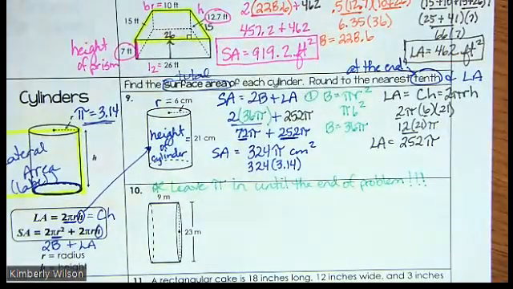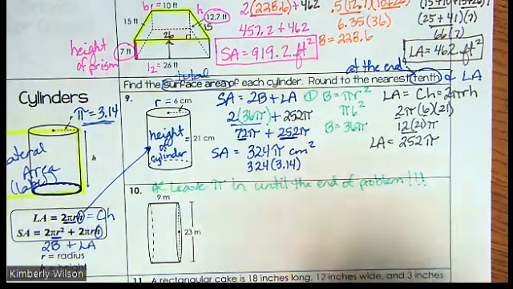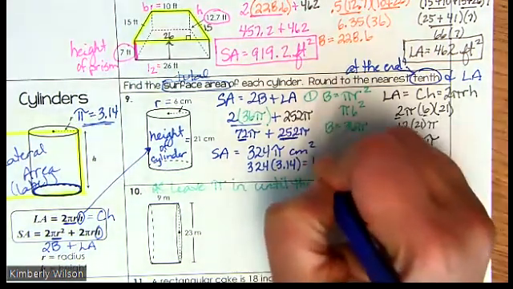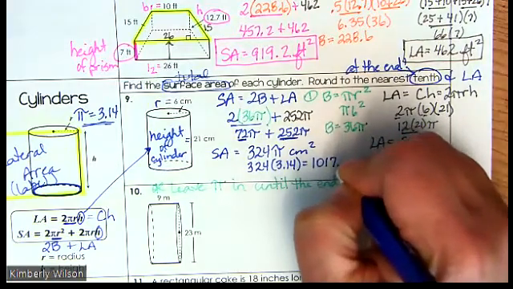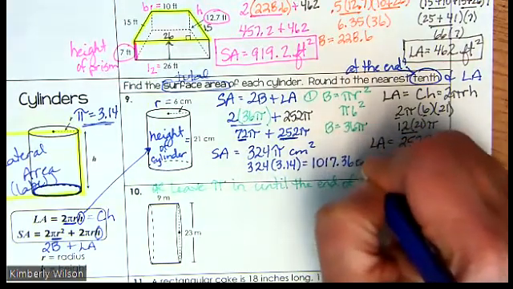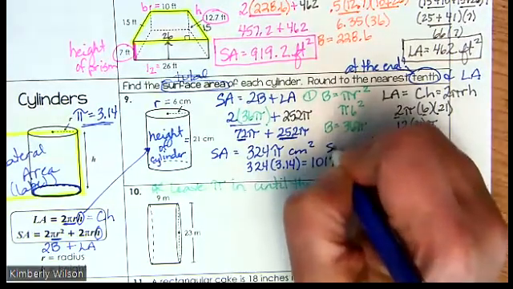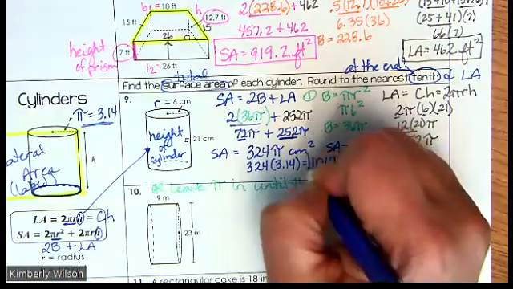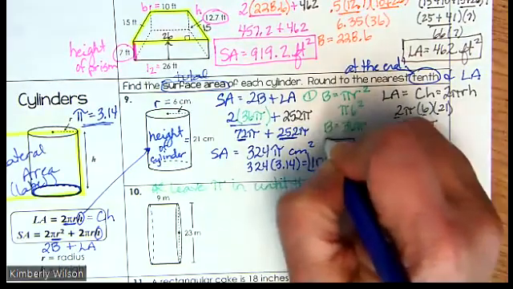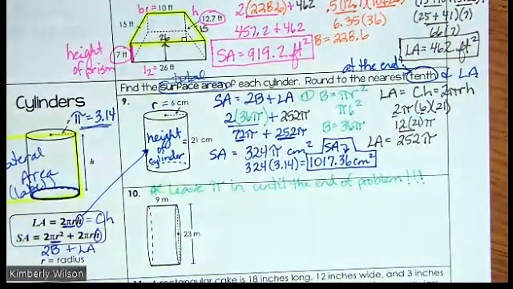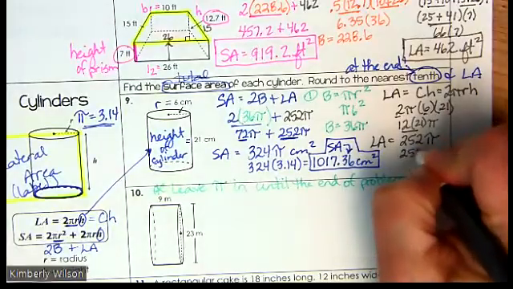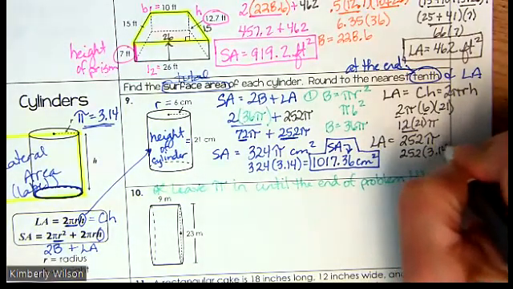So we have 324 times 3.14, which gives me 1017.36 centimeters squared. This is the total surface area. Now let's calculate the lateral surface area. So that means I'm doing 252 times 3.14.